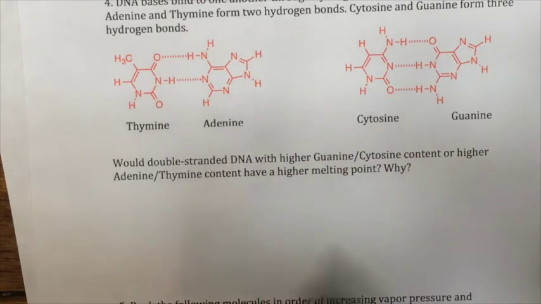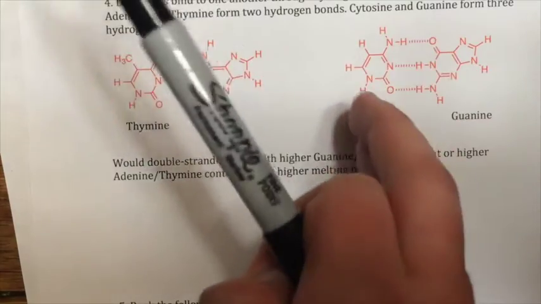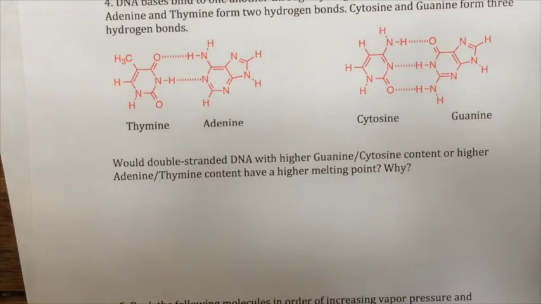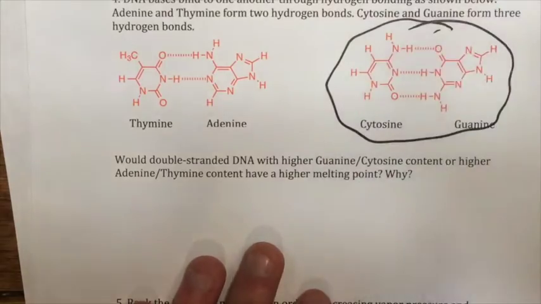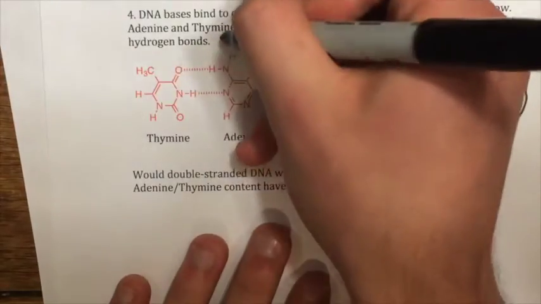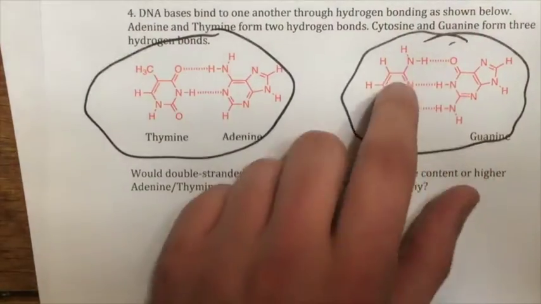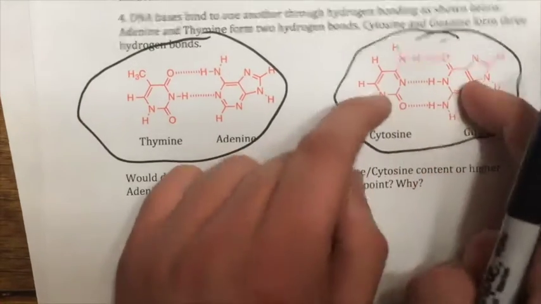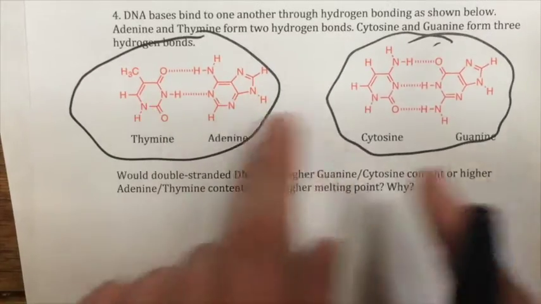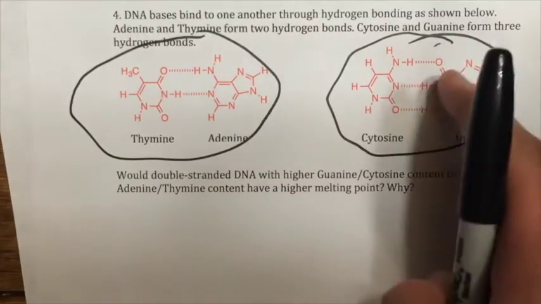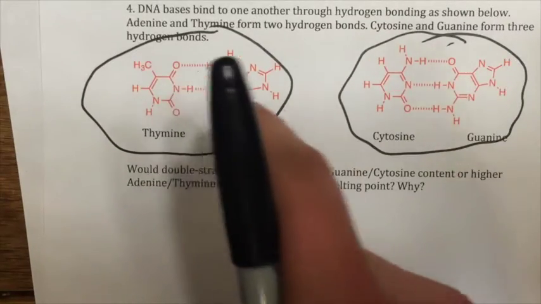So each additional hydrogen bond actually makes the molecule more stable. So this guanine-cytosine interaction up here is more stable than this. So it has higher intermolecular forces. These 2 molecules are attracted to each other more than these 2 molecules, simply because this can form 3 hydrogen bonds and this can only form 2.